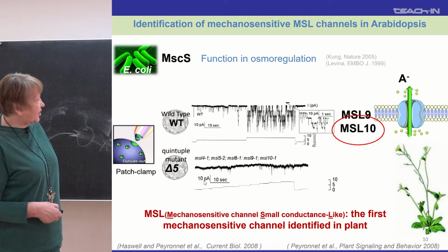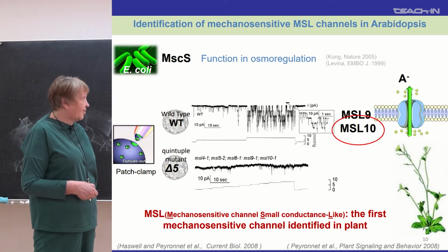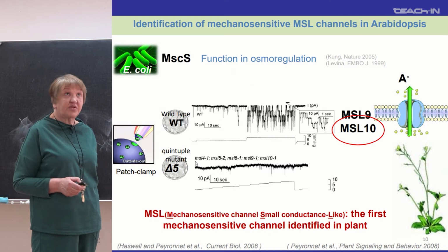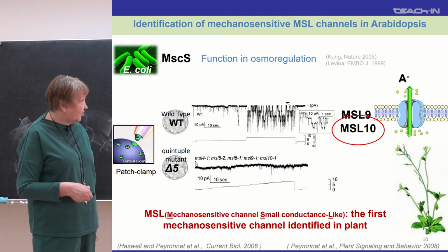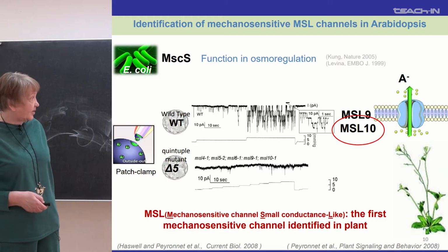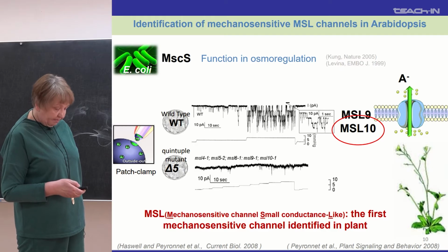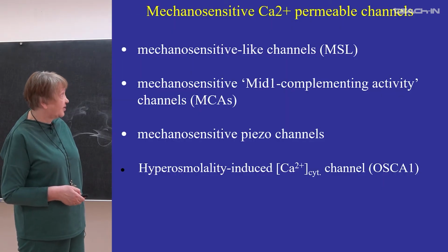When you take a quintuple mutant of MSL channels, which we are going to talk about later, you don't really see any current in response to the pressure application.